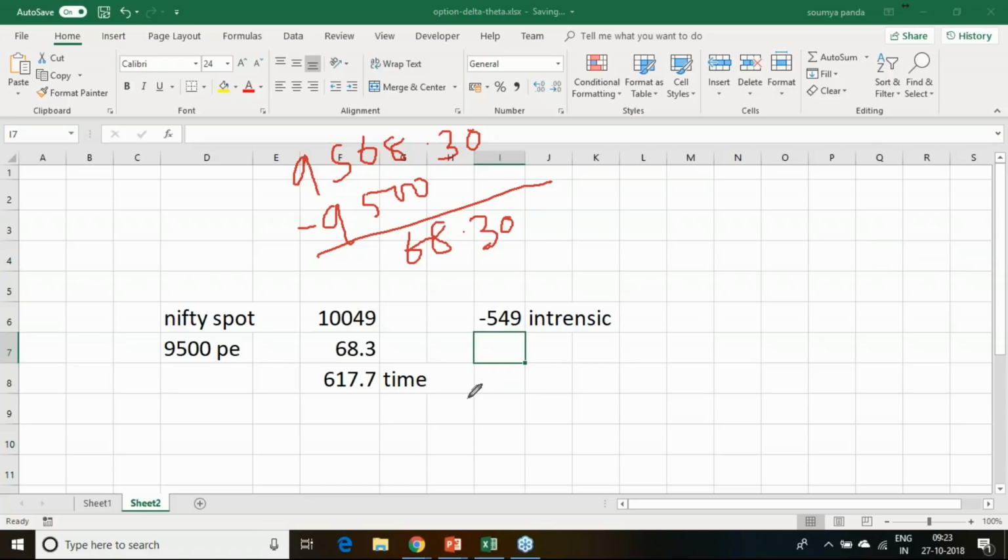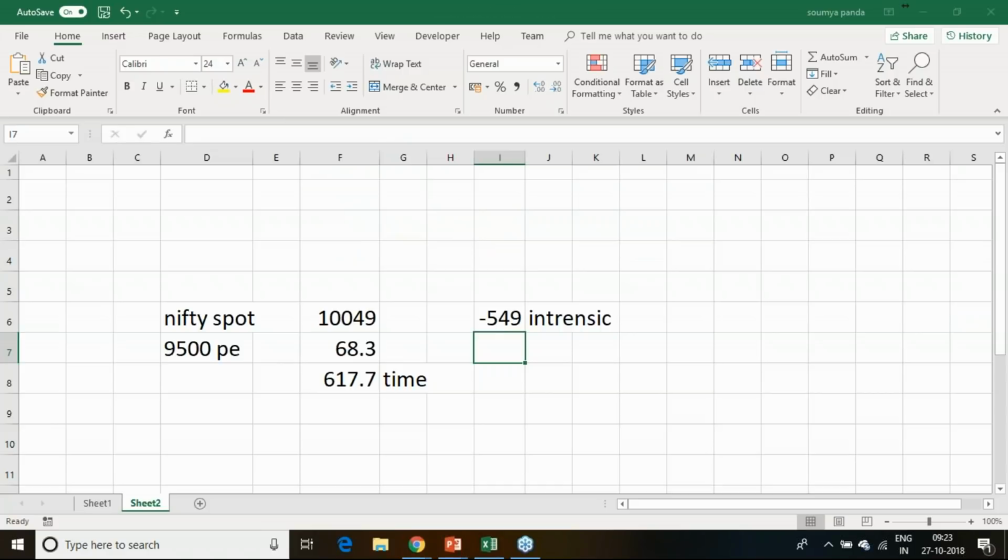So what is the time value in that? Negative minus negative will become positive. So 549 plus 68, 617 rupees and 70 paisa is the time value in this option. Intrinsic value is 0. Negative means it is 0 because money cannot go negative. So the intrinsic value is 0.